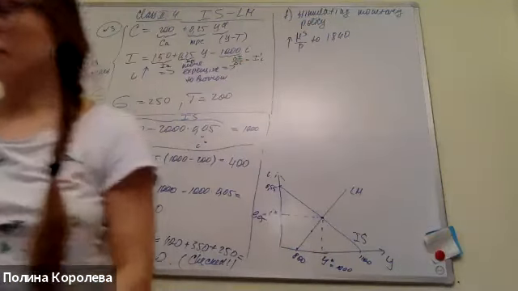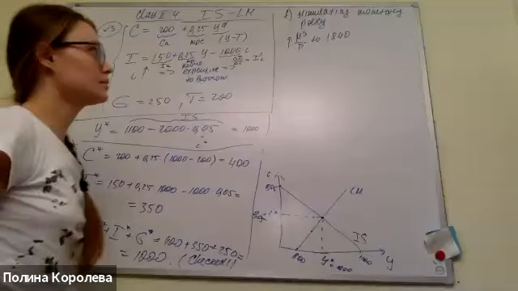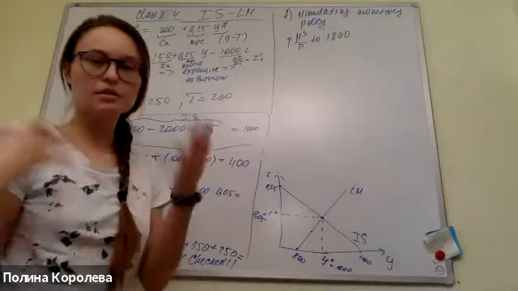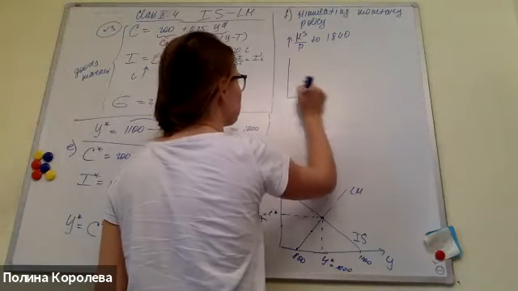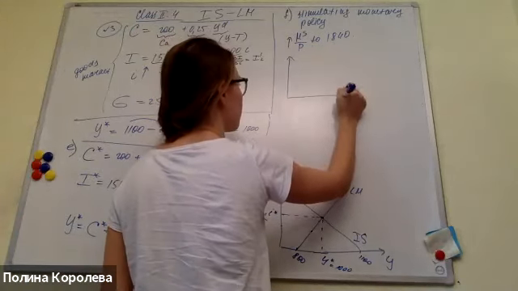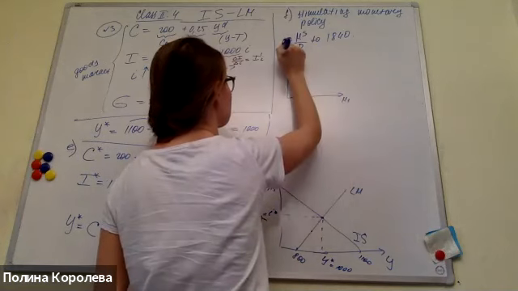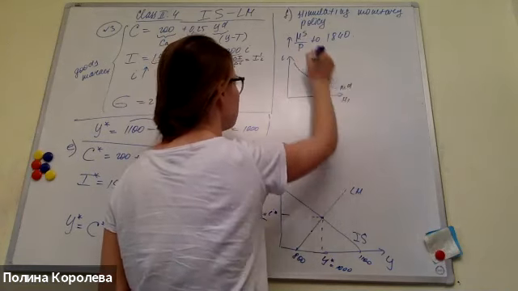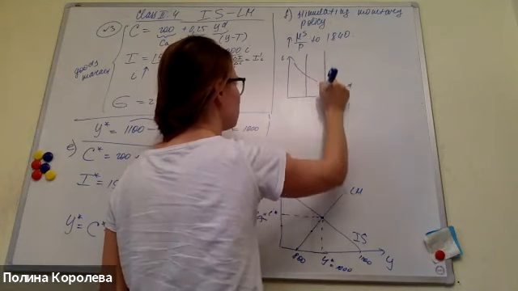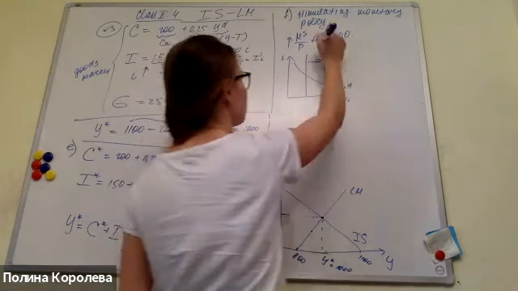So before calculating, let us think what will happen. In the money market, with M1 here and the interest rate here, demand is the same and money supply increased.